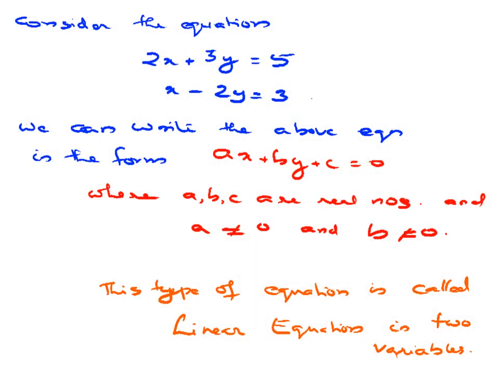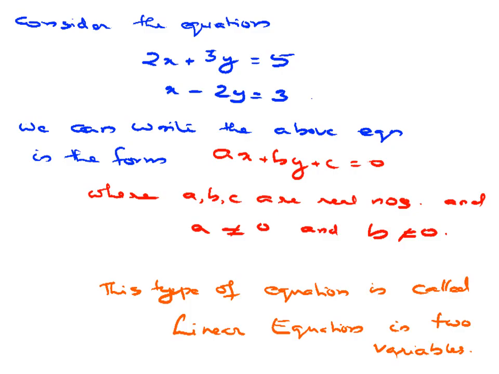Consider the following equations. 2x plus 3y is equal to 5. x minus 2y is equal to 3. Then we know that we can put these equations in the form ax plus by plus c is equal to 0, where a, b and c are real numbers and, most importantly, a not equal to 0 and b not equal to 0.